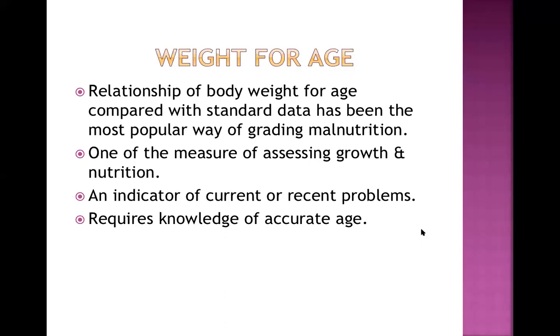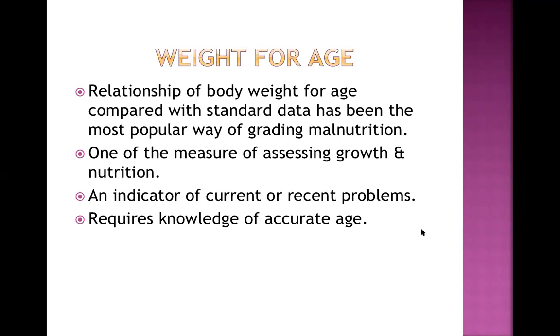For example, a 2-year-old child was brought to me. The mother said, my baby is 2 years old, so I know the age now. So I will take the weight of that child in front of me, in my clinic. For example, I get the weight of only 8 kg. Now I want to check whether that 8 kg is the normal or expected weight for that child or not.